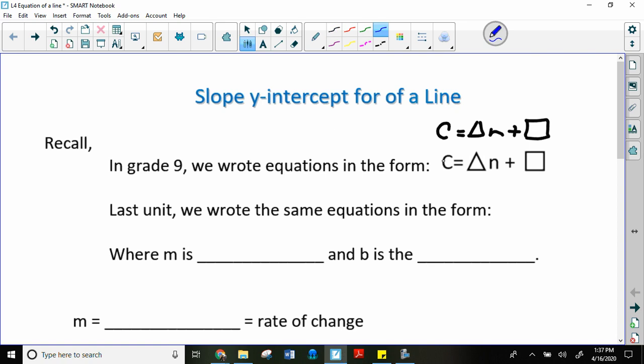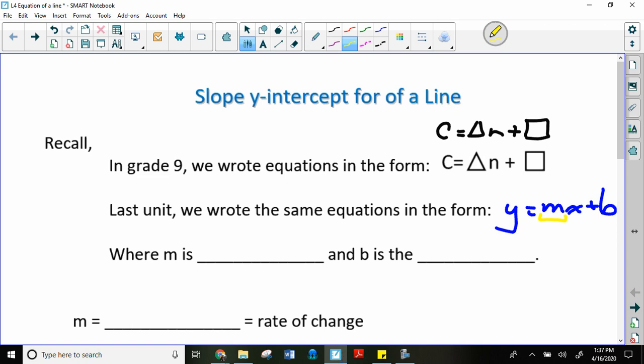Now, in the 9 academic, we went straight into the algebraic form, which was y equals mx plus b. We actually looked at that in our last unit in spiral 2. So we looked at y equals mx plus b. And here we wanted to replace two of these letters with numbers.